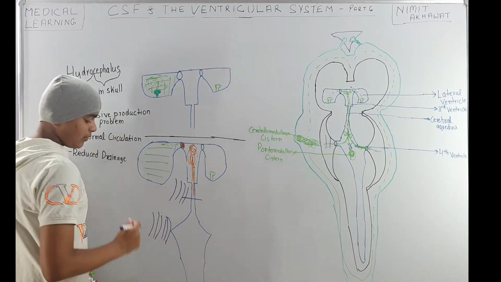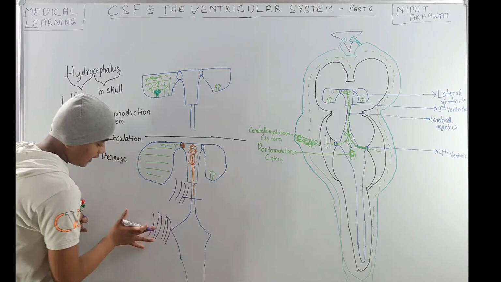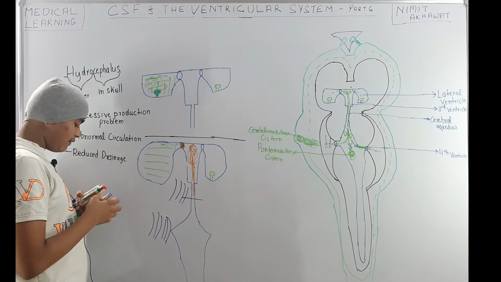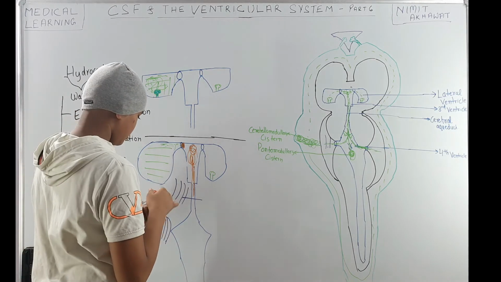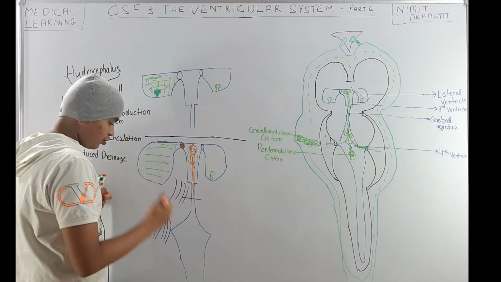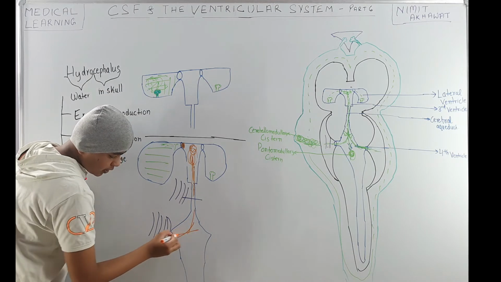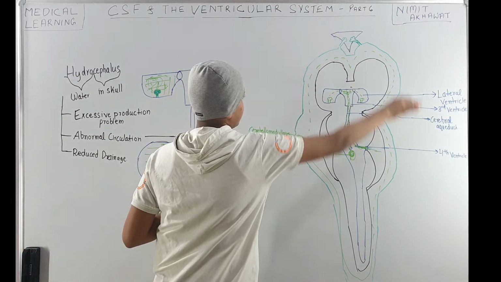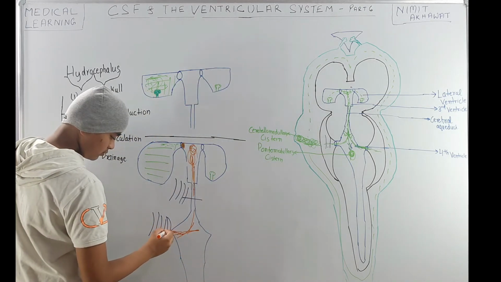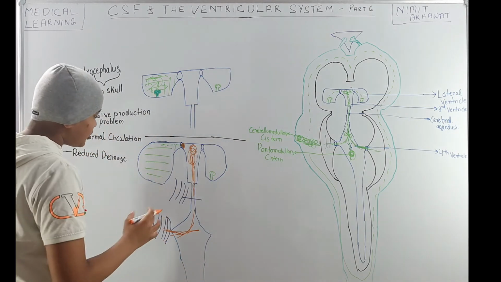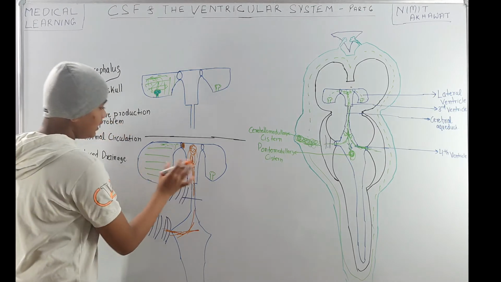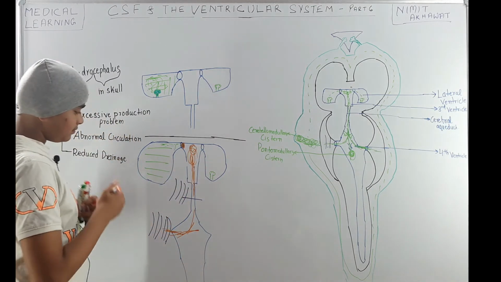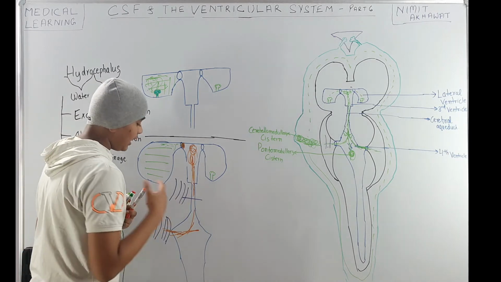And when the foramina of Luschka is blocked laterally, it does not allow cerebrospinal fluid to pass through the fourth ventricle and enter the subarachnoid area. And this causes expansion of the lateral ventricle, third ventricle and the fourth ventricle, including the cerebral aqueduct.